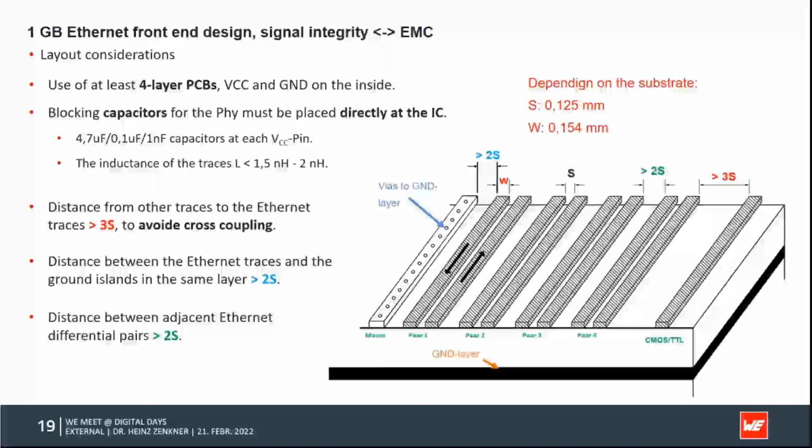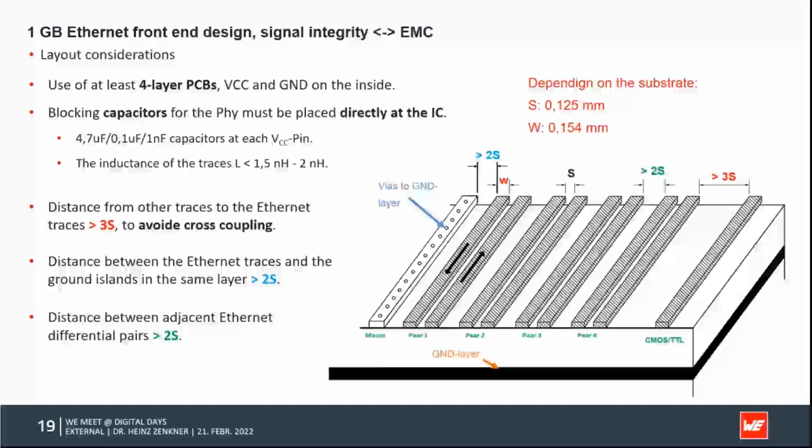But sure, this depends on what kind of dielectric constant you have, and also on the layer stacking you have. So normally we start, I'll show you on the next slides, by putting them as close together as possible, and then adjust the width so that you have the 100 ohm impedance, which is then according to the standard again. So how does it look in detail?